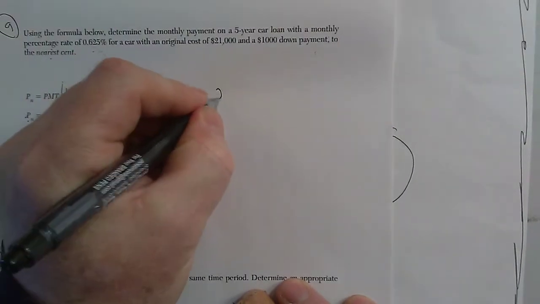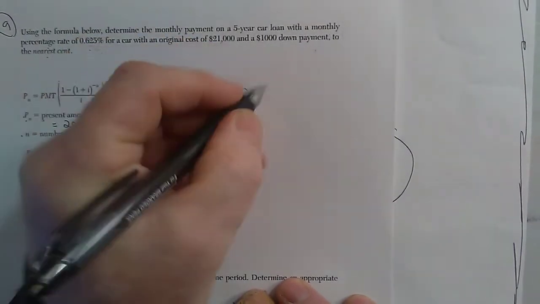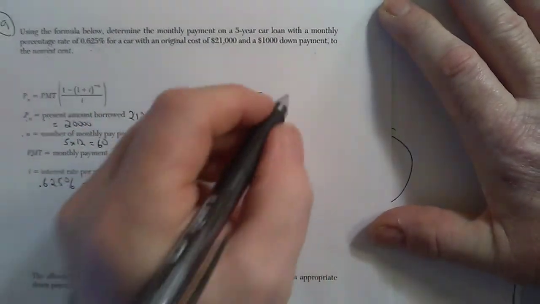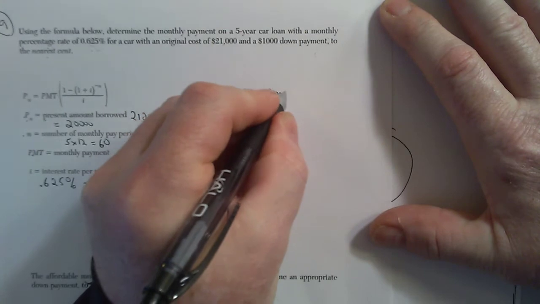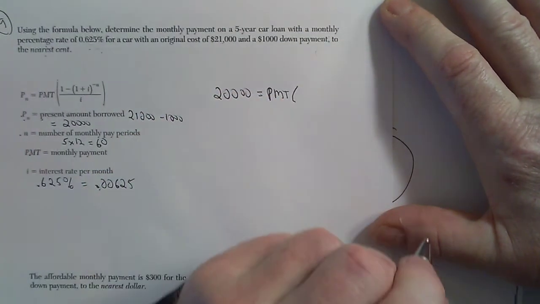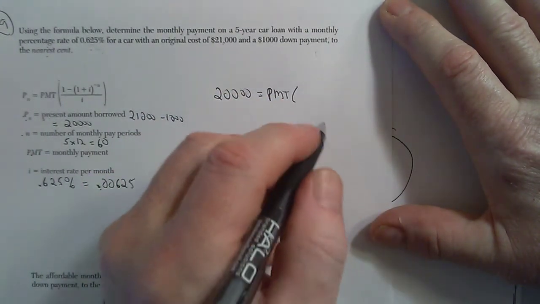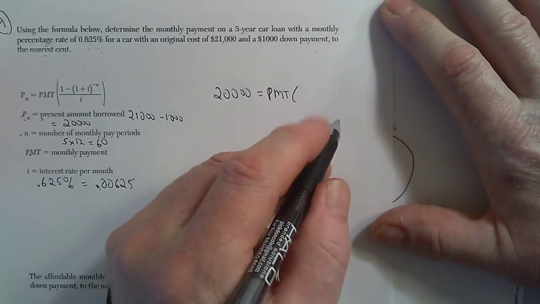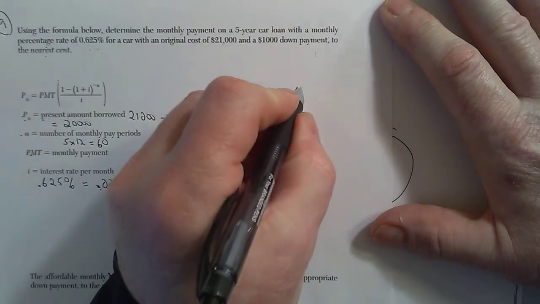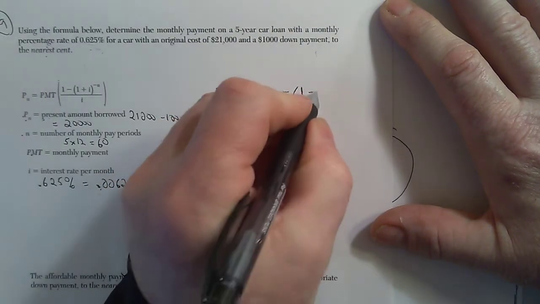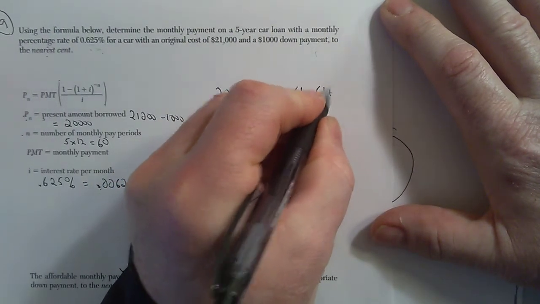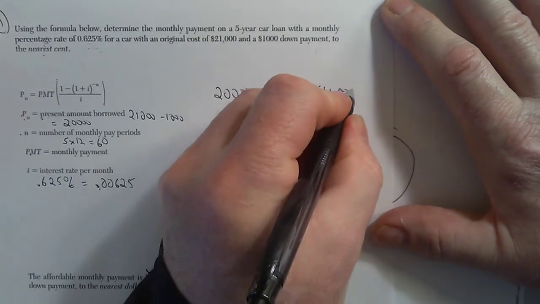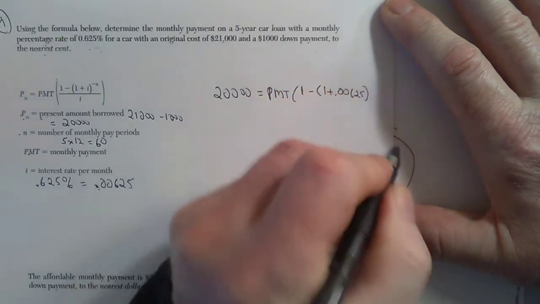PN, 20,000 equals what I'm trying to find, the payment. Now be careful, parentheses. This entire fraction's inside a set of parentheses, and on the top of the fraction, 1 minus 1 plus the interest rate, 0.00625.